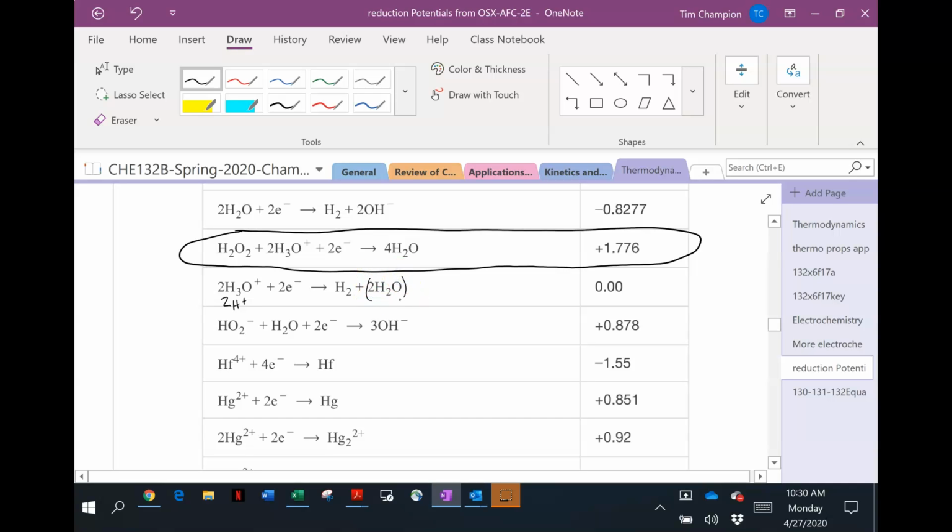They're using the hydronium ion instead of H+. This is the reference where we set the 0 point. That's why it's called the standard hydrogen electrode. So that one's going to be 0. And again, all they've done here is instead of writing hydrogen ions as separate ions, they've written hydronium ions, which is a hydrogen ion plus water, just like we talked about in the acid units.